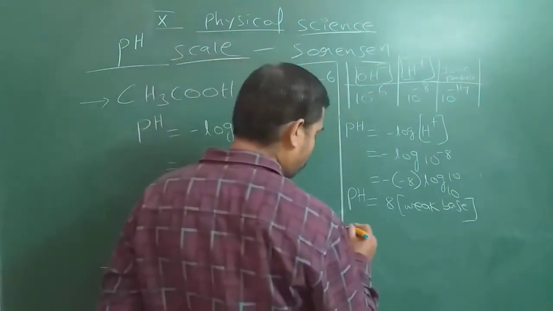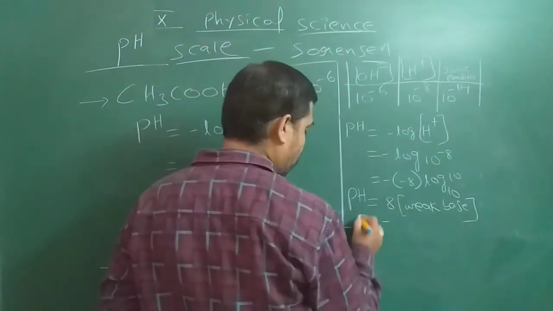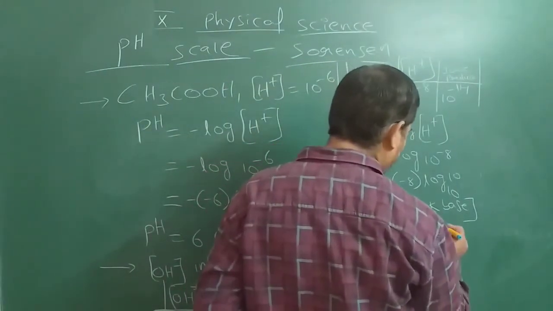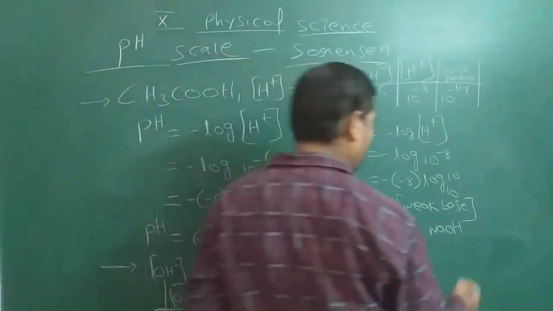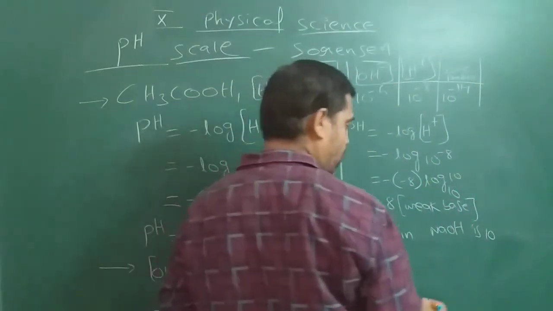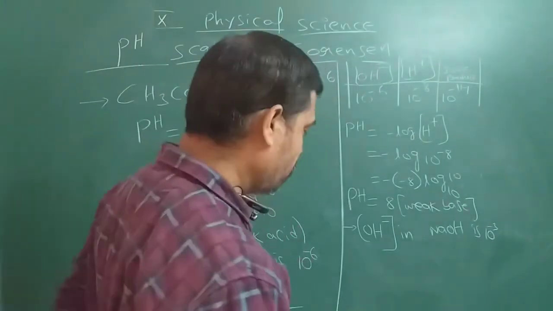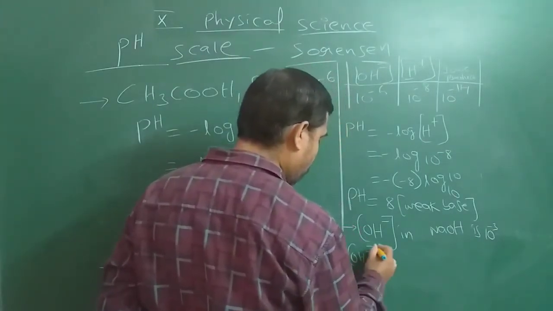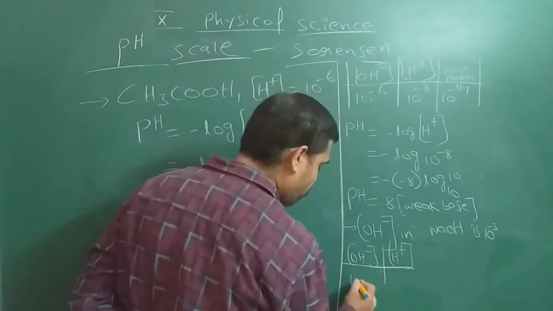Now let's take one more. If the OH minus ion concentration in sodium hydroxide is, let us take, 10 power minus 3, then what will happen?